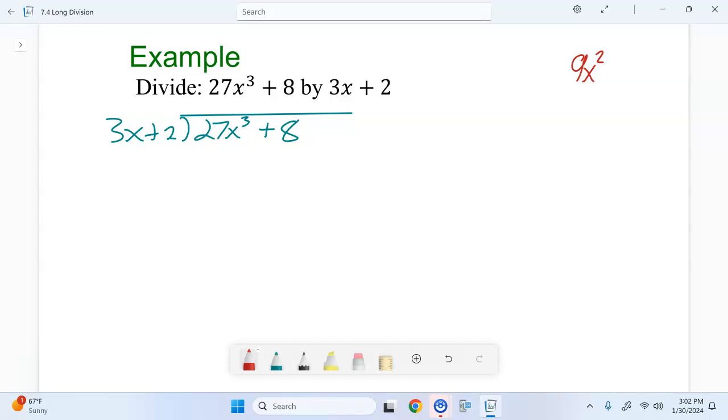We can still do it. Put it between the plus. We will put it before the 8 and after the 27.